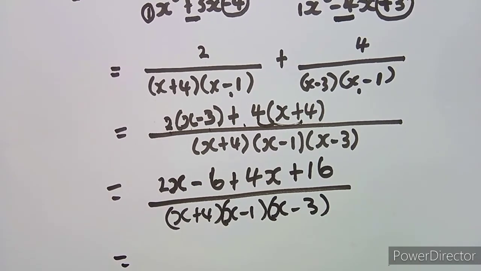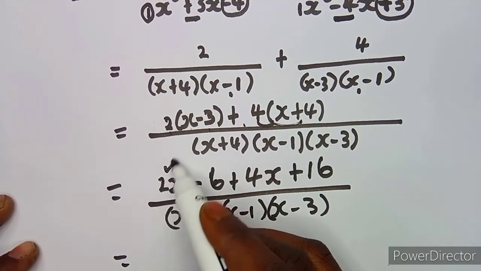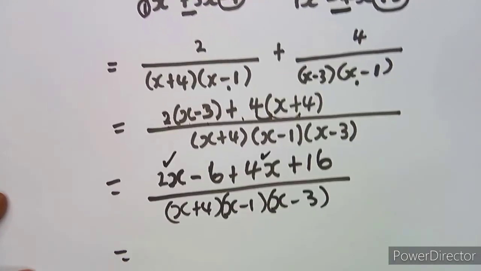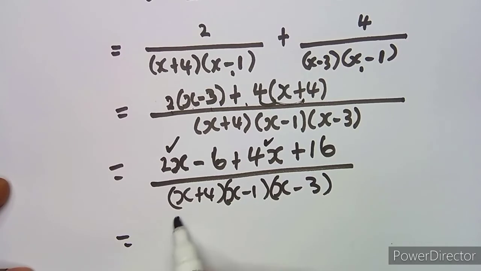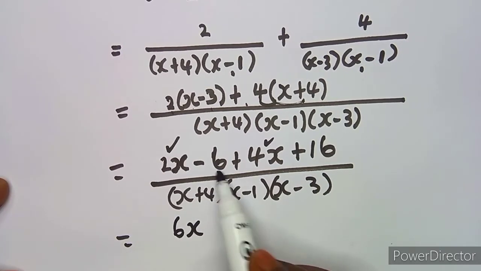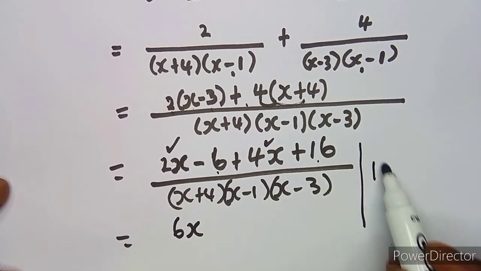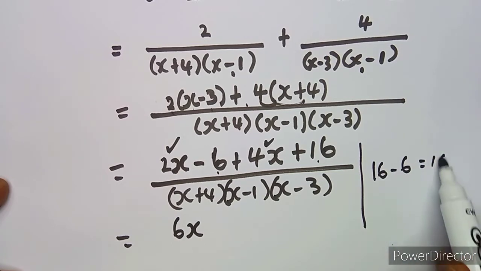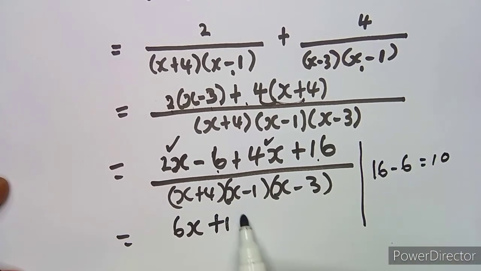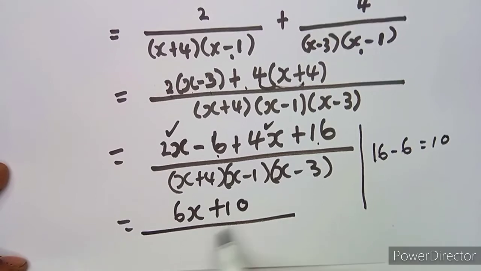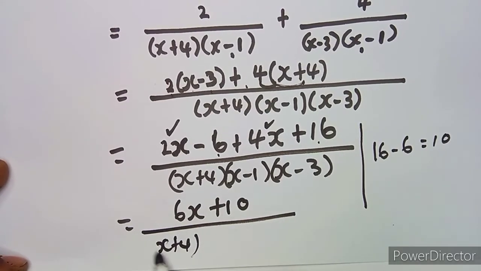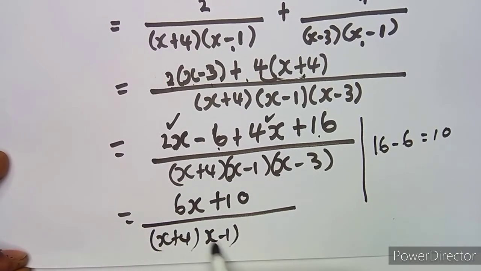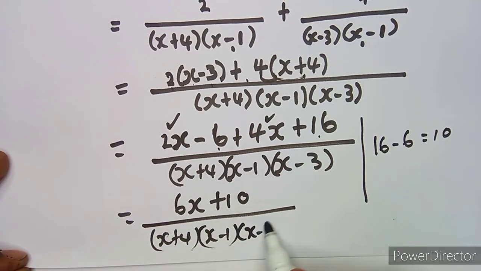That's it, guys. We can collect like terms. This is 2x and 4x, so 2 plus 4, 6x, minus 6 plus 16, which is 10. So that's going to be plus 10, everything over x plus 4 into x minus 1 into x minus 3, like that.